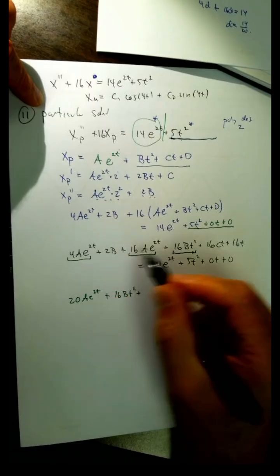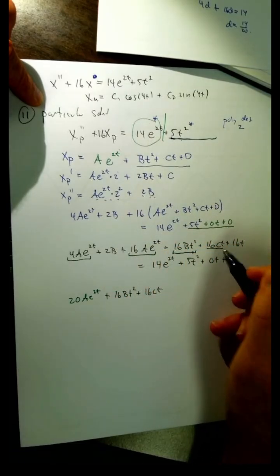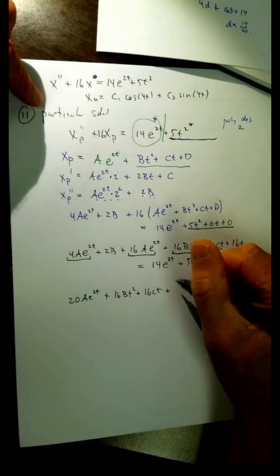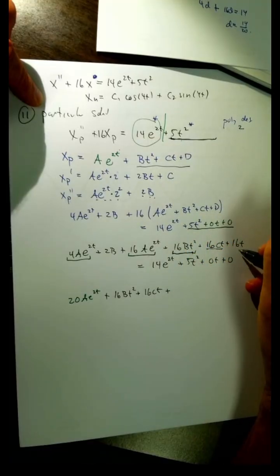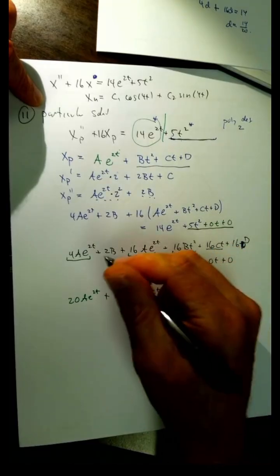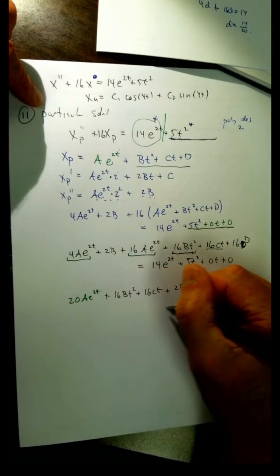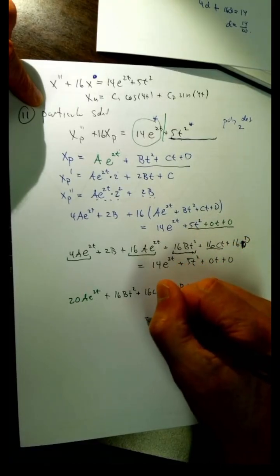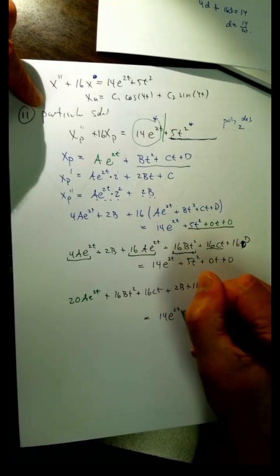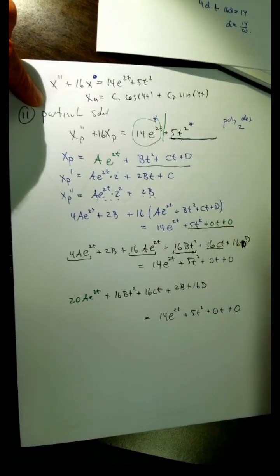For my t term, this is my only t term. And then for my constant term, oops, I've got to be careful. This should just be 16d. Sorry. For my constant term, I have 2b plus 16d. And all of this has to be 14 e to the 2t plus 5t squared plus 0t plus 0.